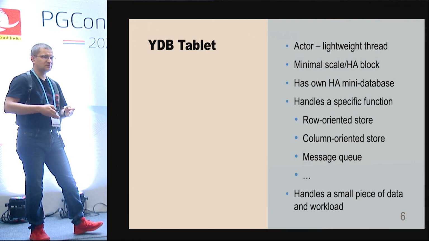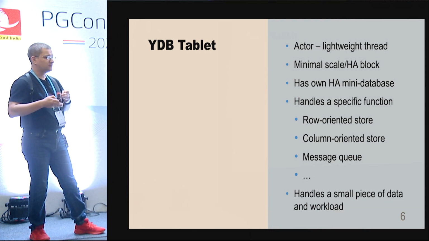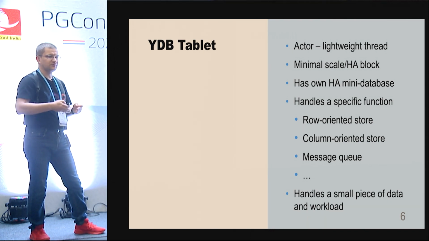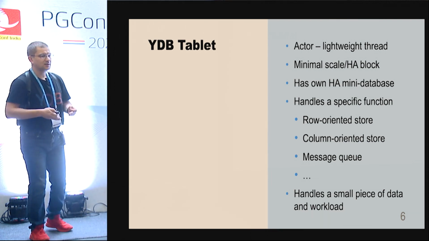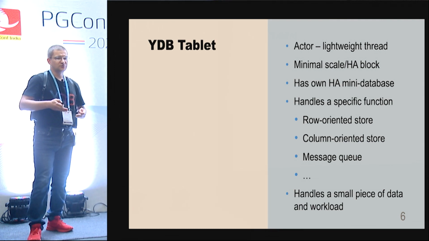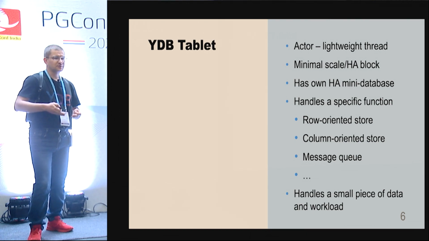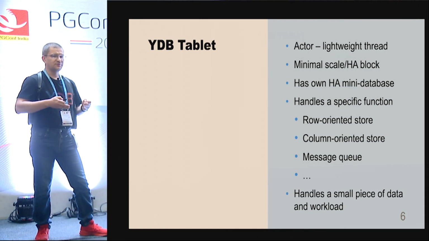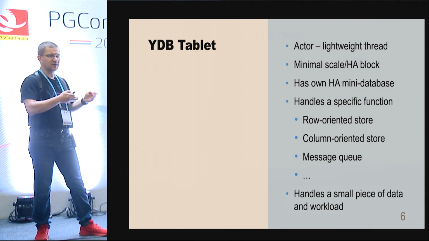Every tablet can handle some specific function. For example, we have tablets for row-oriented data storage, for column-oriented data storage, for message queues, and sometimes our users implement custom tablets. For example, Yandex Cloud, a cloud provider in Russia, implemented its own tablet for NBS and uses YDB as the storage layer for network disks for virtual machines. And it works fine.